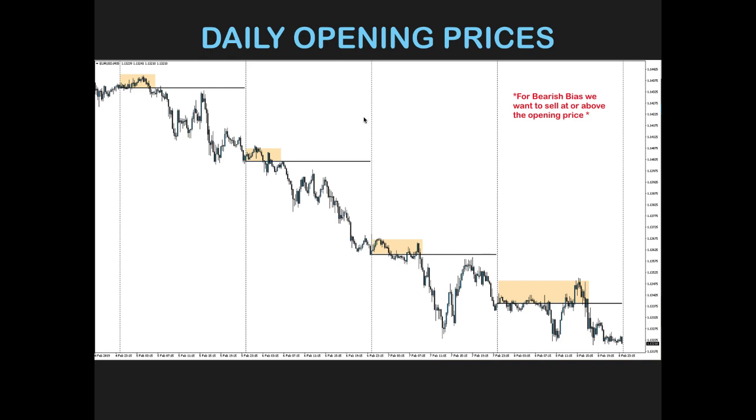We're looking at the daily opening prices. We have a bearish bias, so every time we see the opening price, we should be looking for some kind of move lower below that. Okay, so let's take a look at that on the 15-minute chart, day by day, and see what kind of setups we could have caught.